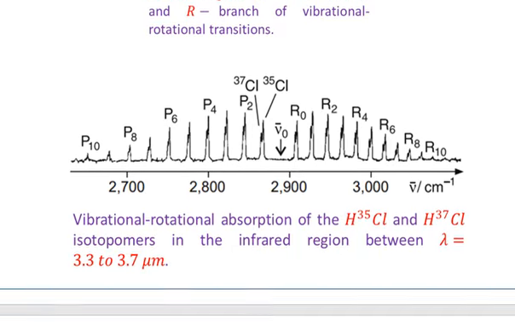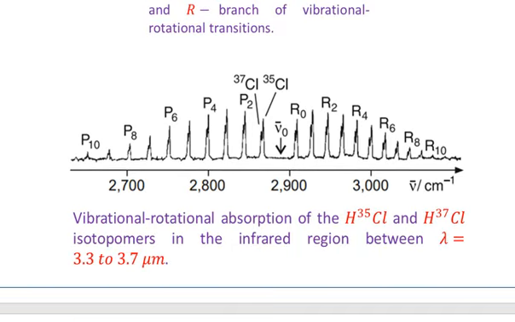Here I am considering the R branch and the P branch transitions. I am considering 10 R transitions and 10 P transitions for the hydrogen chloride with the chlorine having atomic mass 35 and also atomic mass 37.